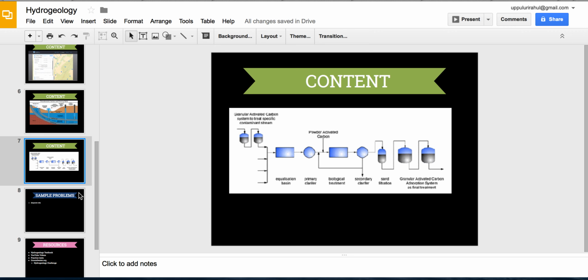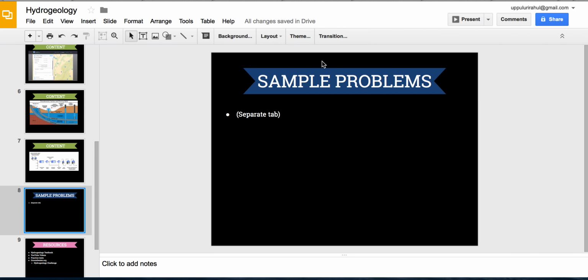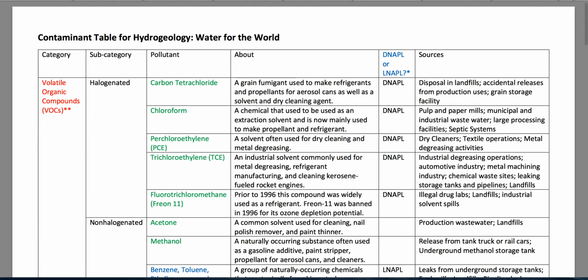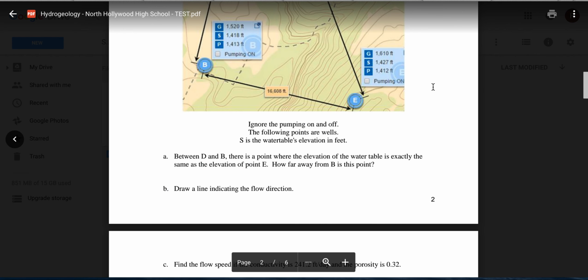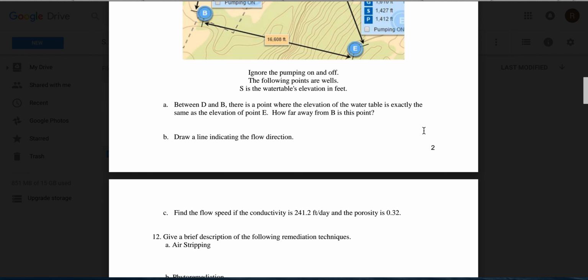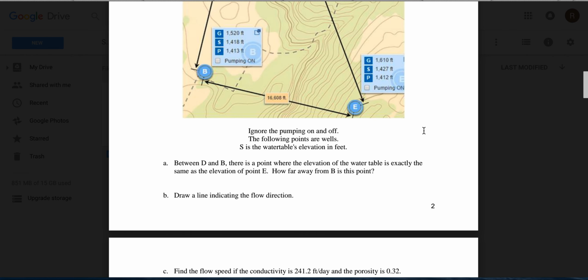Okay, so let's go over a sample problem of the hydrogeology challenge. I'm only going to go over a really short part. These are essentially the real calculations that you're going to receive.